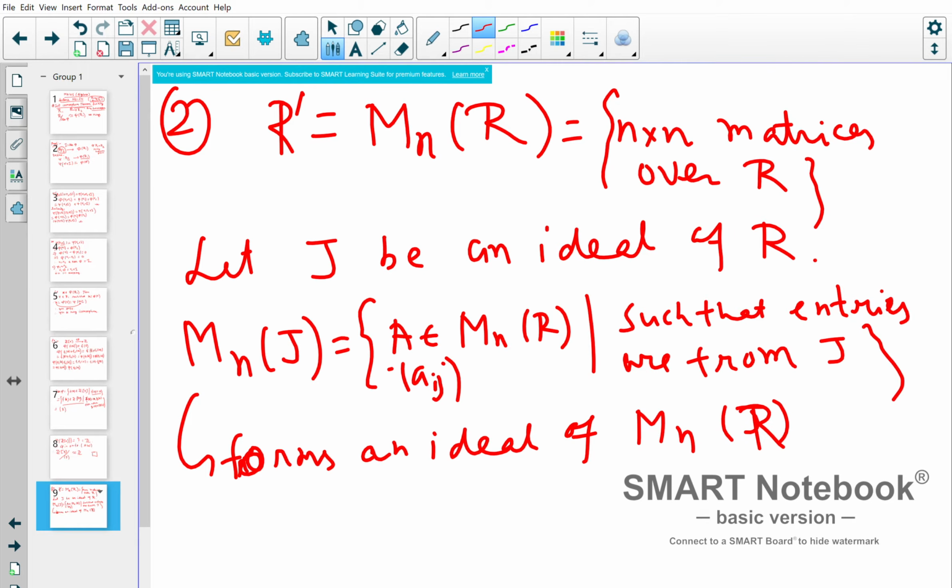So maybe I can give you some hints. So how to prove this is an ideal? You choose an element of M_n(J), and an element of M_n(R), and then when you take this matrix multiplication, what happens? Then elements of J are multiplying by elements of R, right? But J is an ideal of R, so whenever you multiply an element of J and R, that will be an element of J itself. So this is the proof actually. This is an ideal.